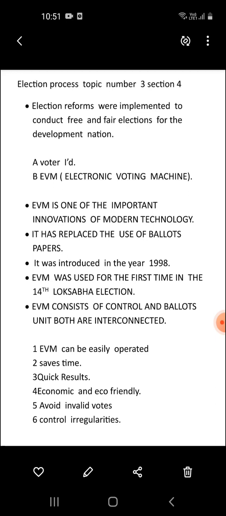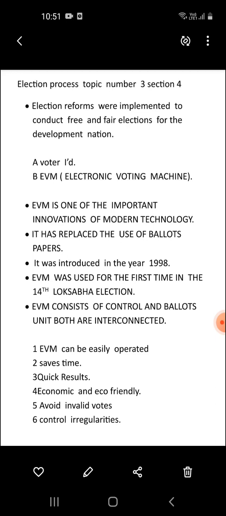After the election process is completed, the box will be sealed, and during the results they will count the ballot papers. But people had no proper idea about how to use the ballot paper. Often they would commit a lot of mistakes.